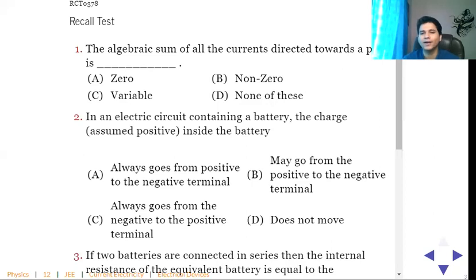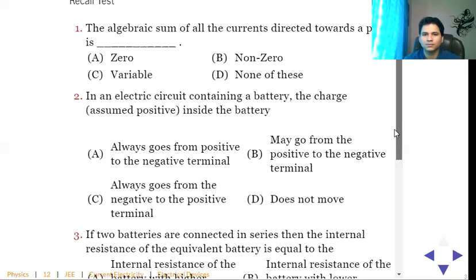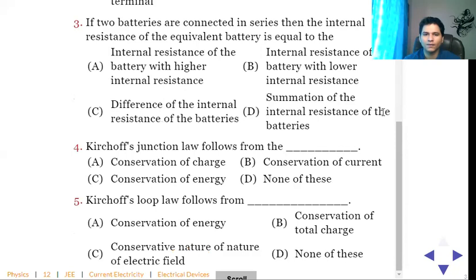Now, the fifth one is basic conservation of energy. Whenever we talk about potential, it is conservation of energy. So we are done with this.